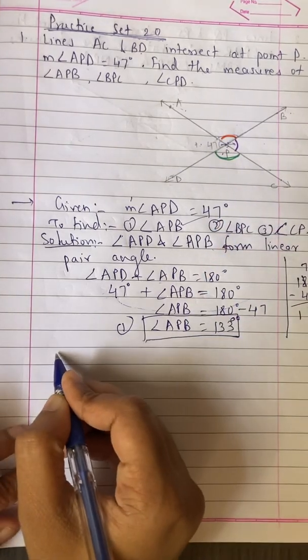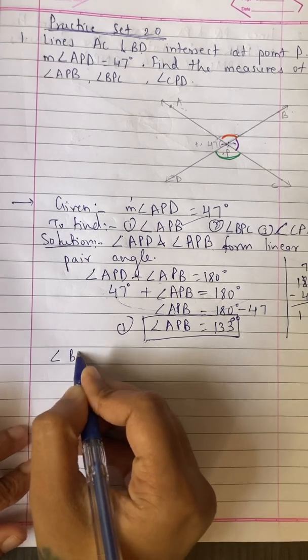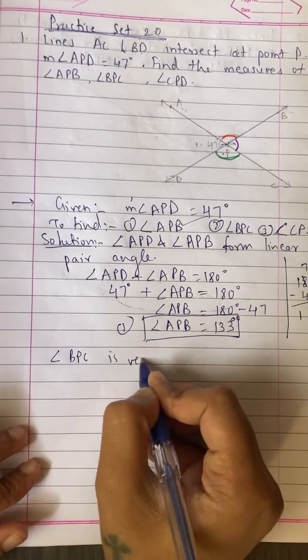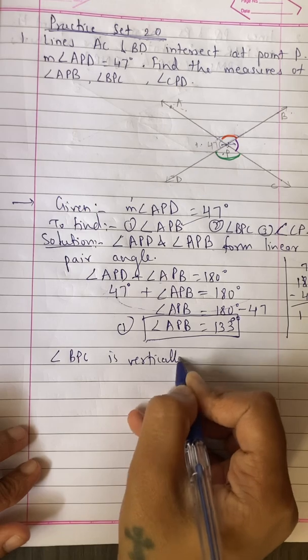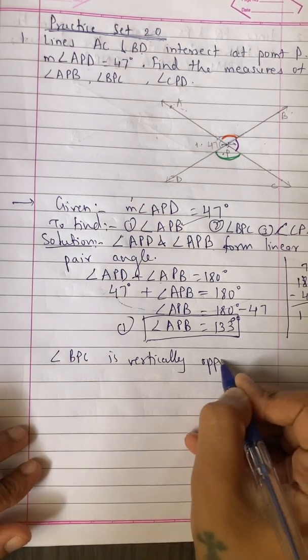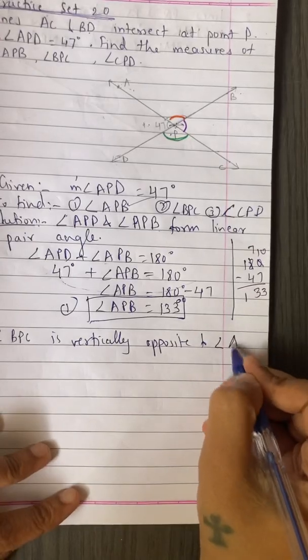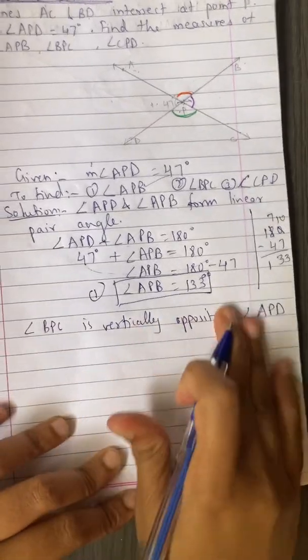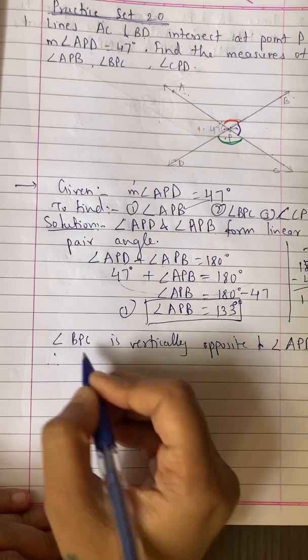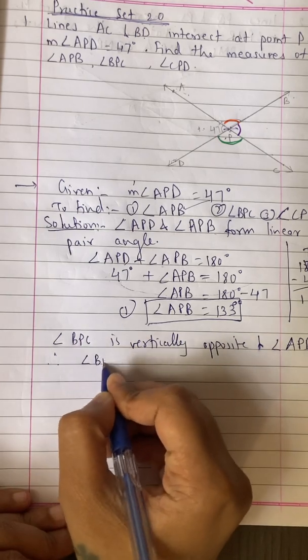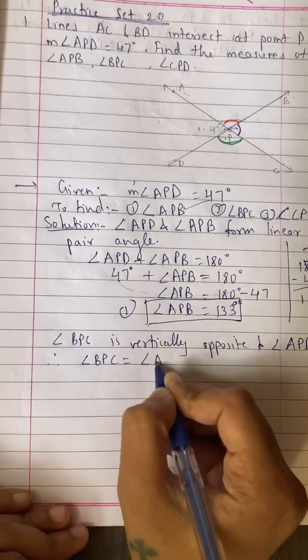So write down angle BPC is vertically opposite to angle APD. Therefore, angle BPC is equal to angle APD.